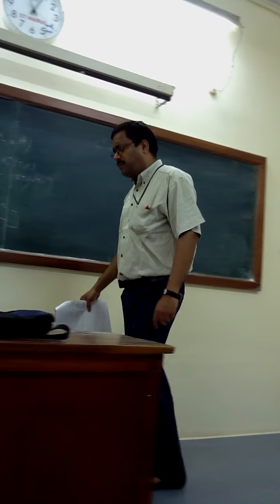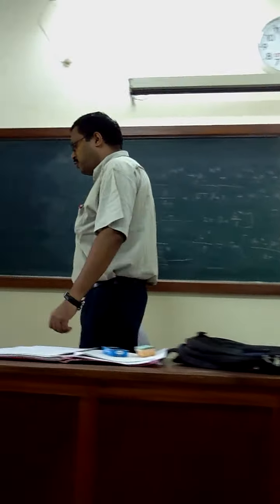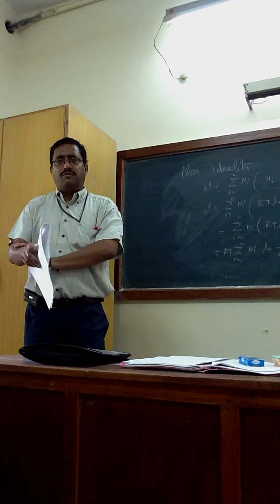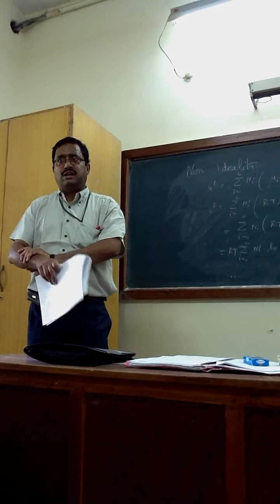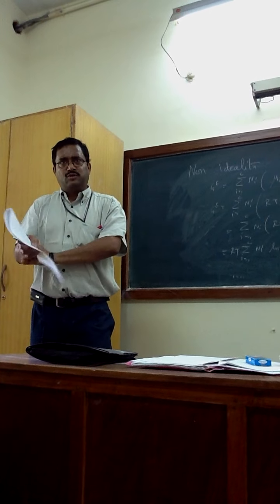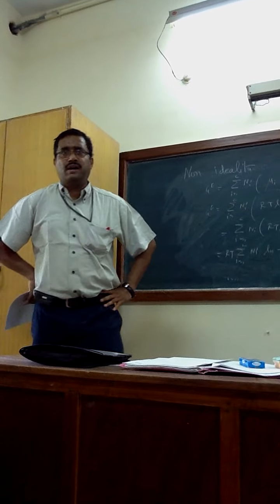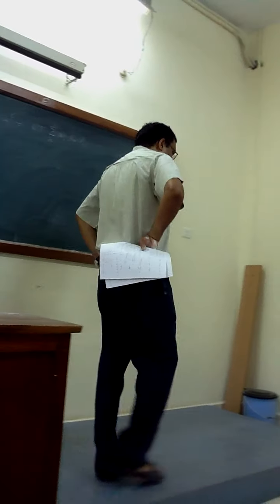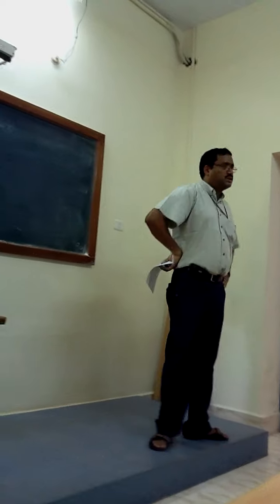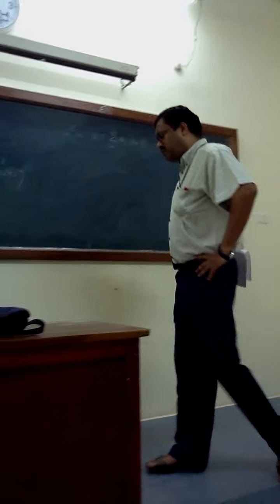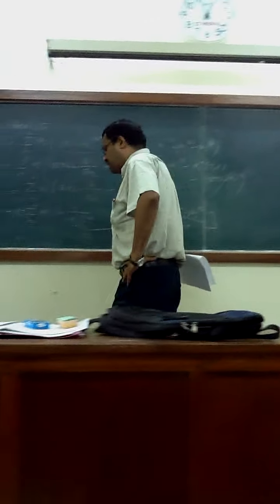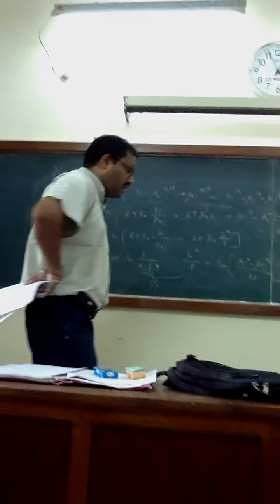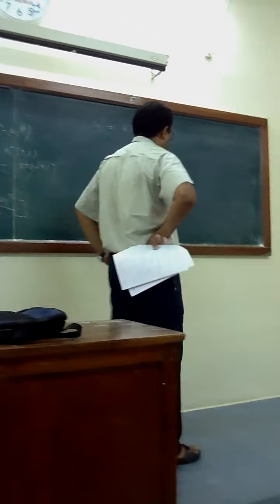Remember that I gave a problem in the class on fugacity, and I asked you to check whether the fugacity of the ith component satisfies the Gibbs-Duhem relationship. You have to see how it satisfies it.